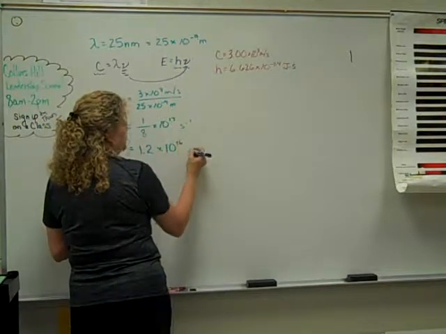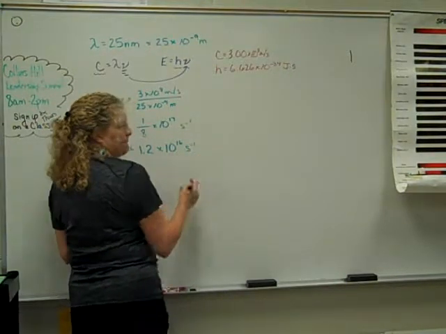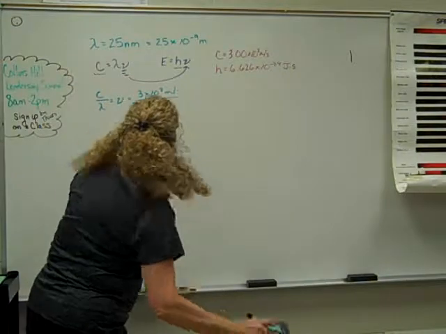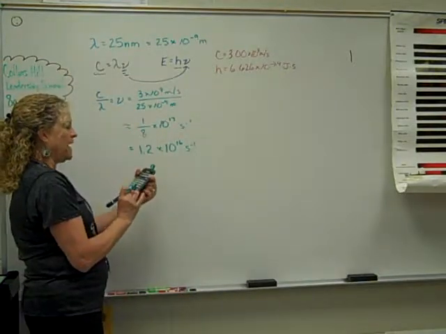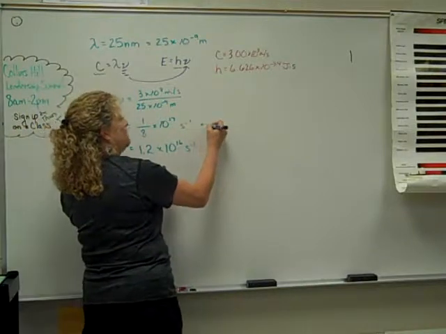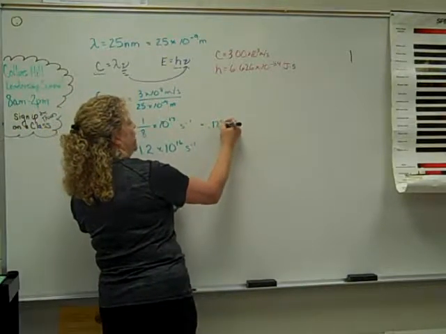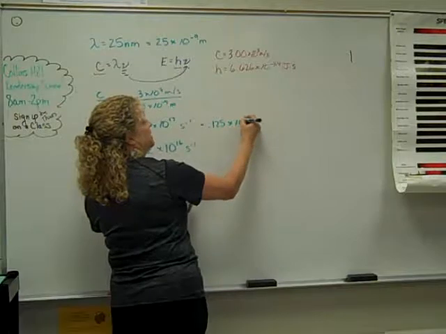Anybody get 1.2 times 10 to the 16th? Okay. And if we think about how this jives with it, 1 divided by 8 is 0.125 times 10 to the 17.